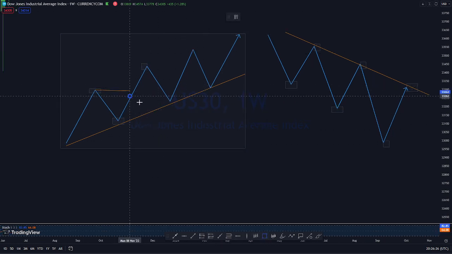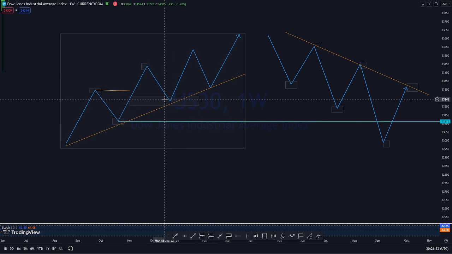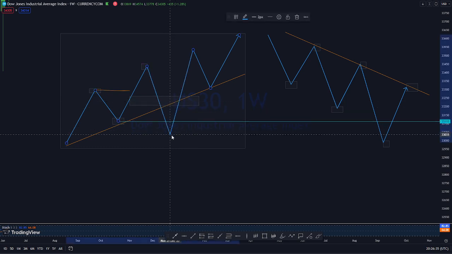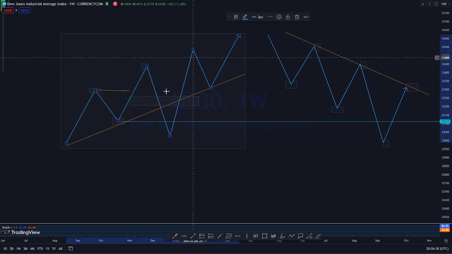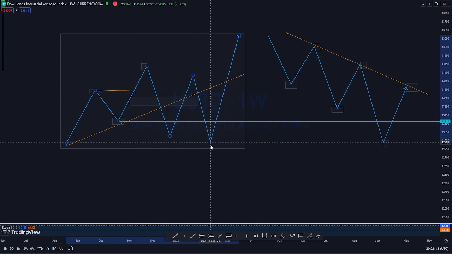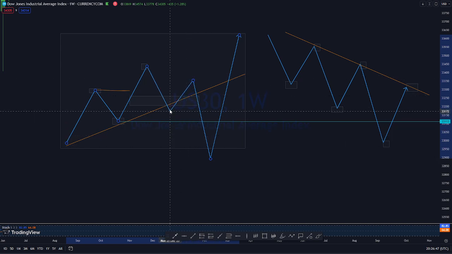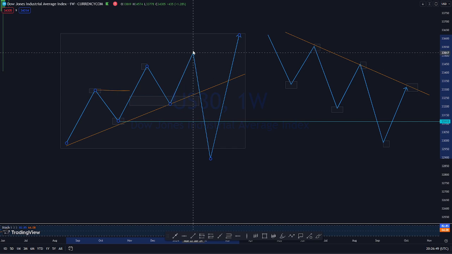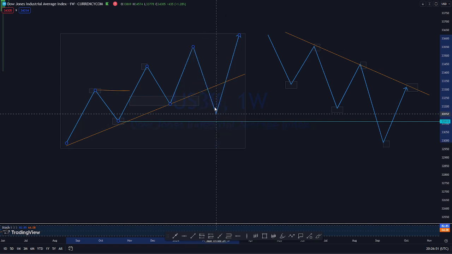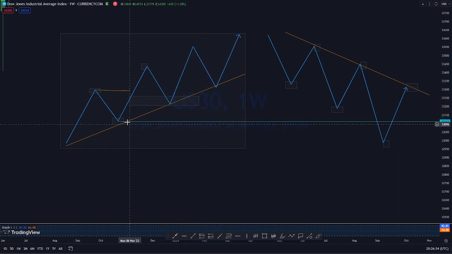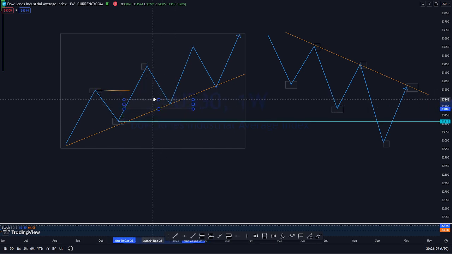We know that the market will never break this low here, because if it breaks this low, it means the structure would now be creating a series of lower lows and lower highs. But since we know that we are bullish, we know that this is our protected low, and we would have our points of interest anywhere around these areas, right?